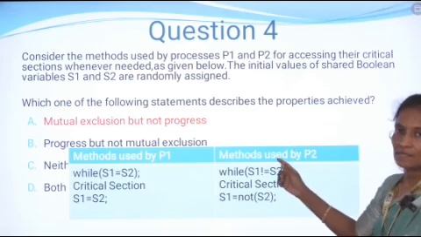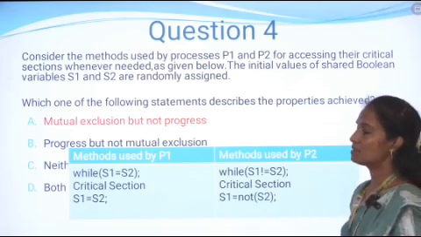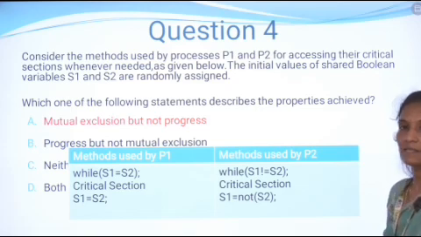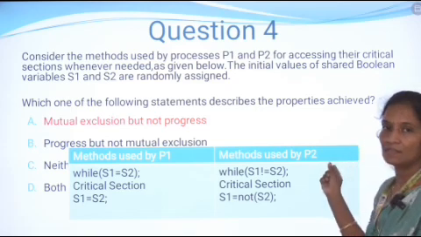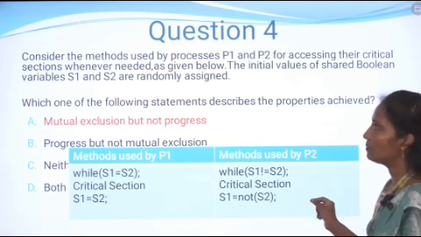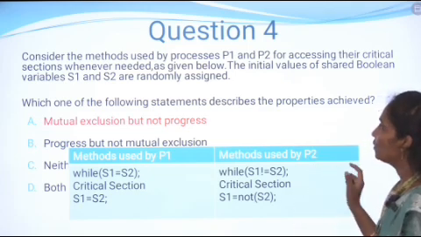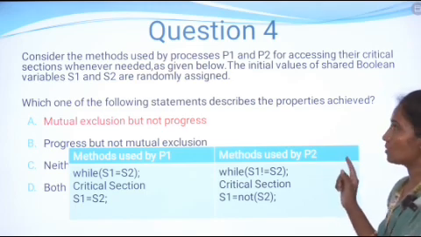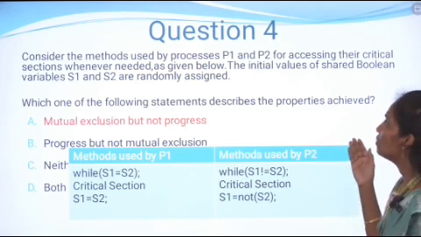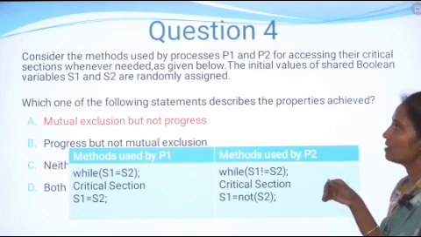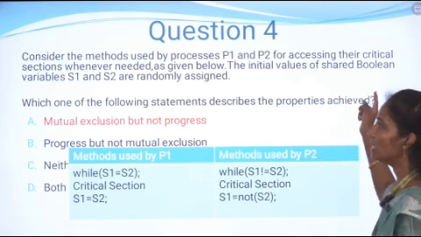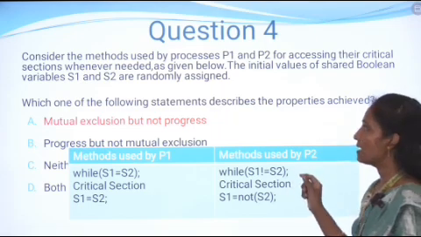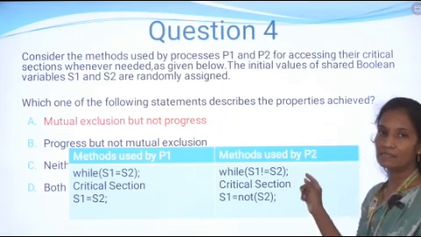Question number 4 is: consider the methods used by processes P1 and P2 for accessing their critical sections whenever needed, as given below. Here we are going to use process P1 and process P2 and access the critical sections by using two methods. The initial values of the shared Boolean variables S1 and S2 are randomly assigned.